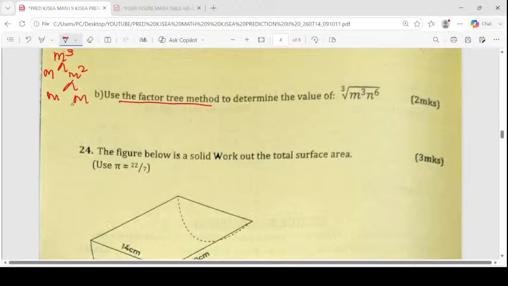M here will get m, then m here will be 1. So that means that m cubed can be written as m times m times m.